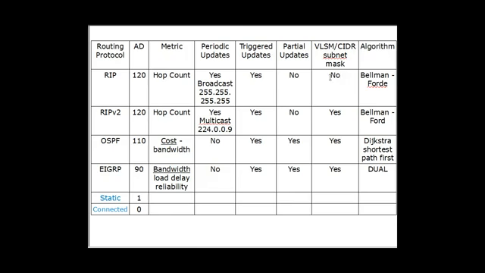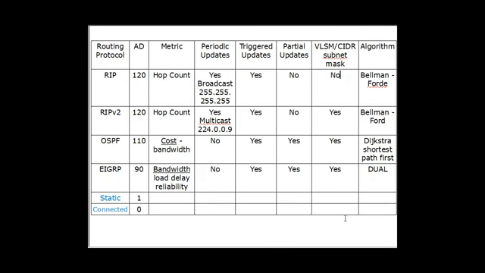So you cannot do subnets that are non-classful. But with RIP version 2 and OSPF and EIGRP, the subnet mask is included in the routing protocol. You can configure the routes with a subnet mask, so it's able to do classless interdomain routing and variable length subnet masks, so you can do fancy subnets with RIP version 2, OSPF, and EIGRP.